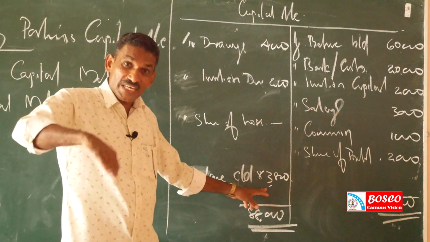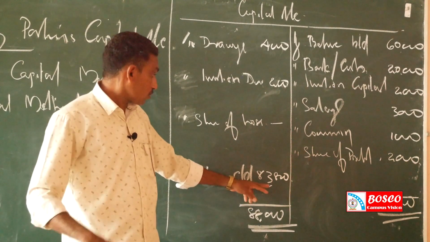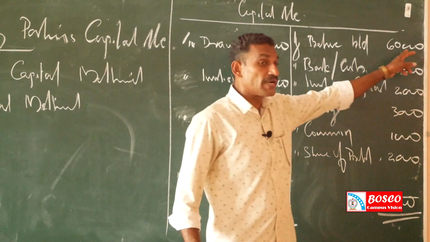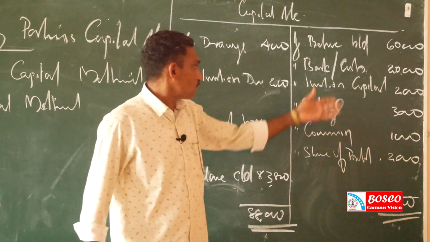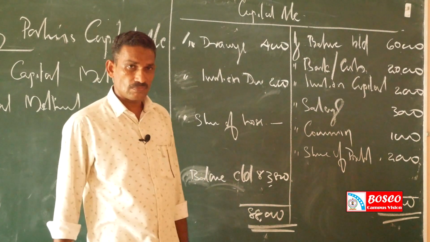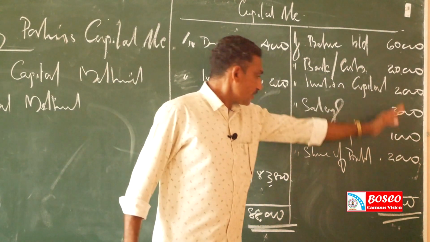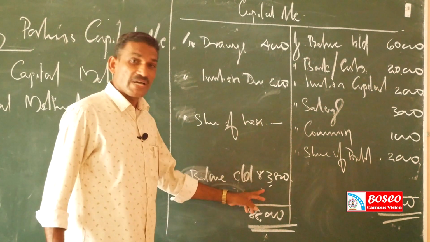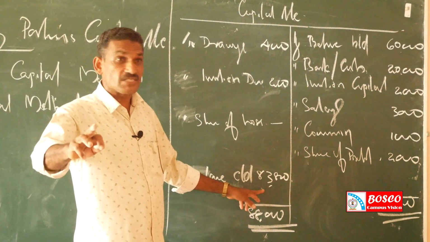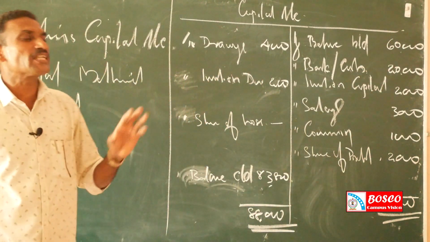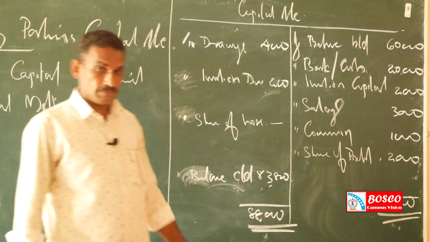The closing balance is fluctuated, or varied, or different from the opening capital as a result of various adjustments in capital account. So all these adjustments are made in this capital itself. Closing balance will fluctuate, or vary from opening capital. So it is called a fluctuating capital method.